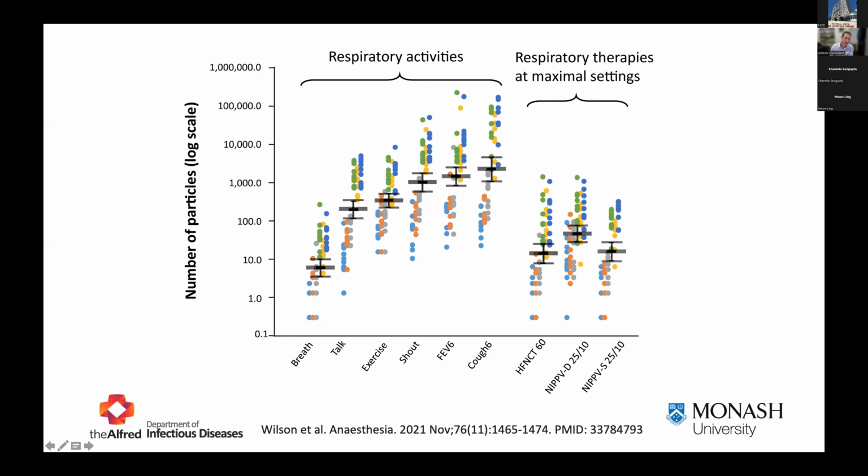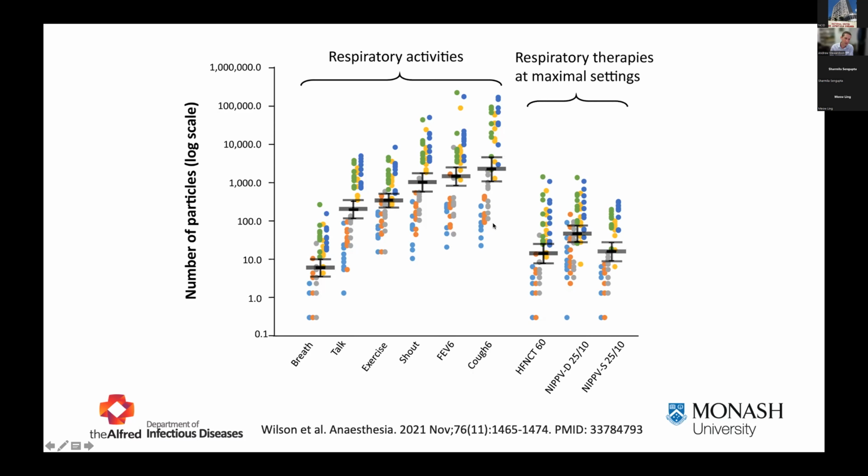These are the findings after the respiratory activities, and these the number of particles during the respiratory therapies at maximal setting, so high flow nasal oxygen and non-invasive ventilation. And so we've got breathing, talking, exercise, shouting, and so on, and up to coughing at the very top here.